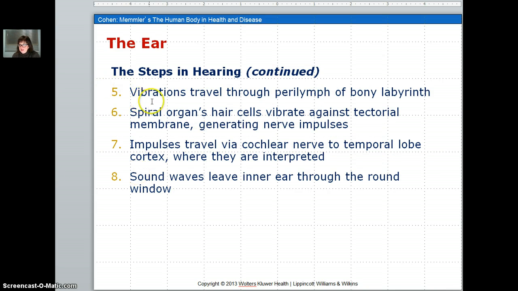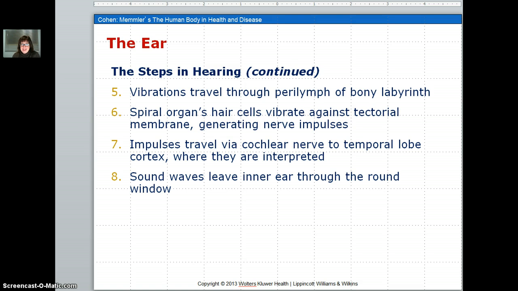As a result, those vibrations will travel through the fluid or the perilymph, and the spiral organ hair cells will vibrate against the tectorial membrane at certain frequencies, generating nerve impulses. These nerve impulses will travel via the cochlear nerve to the cerebral cortex or the temporal lobe cortex, where they're interpreted. Then the sound waves leave the inner ear via the round window.